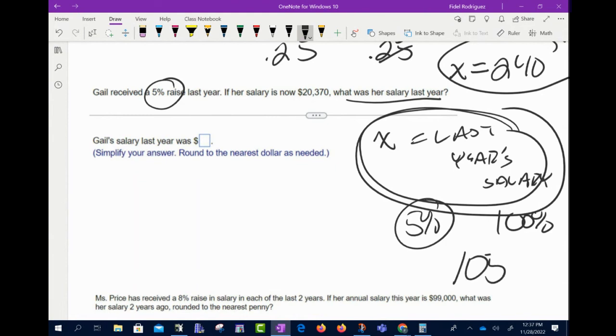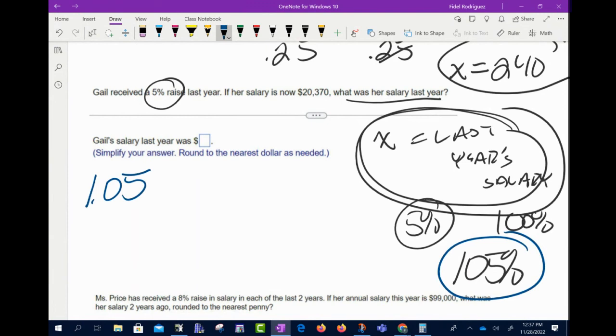So now her salary is 105% of what she used to make last year, because it's all of her previous salary plus another 5%. So the first thing I would do here, y'all, is say, look, 105% as a decimal is 1.05. 105% of last year's salary, which we're calling X, is equal to how much money she's making today.